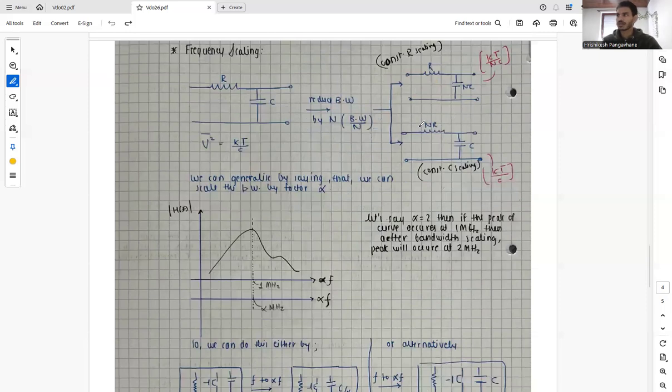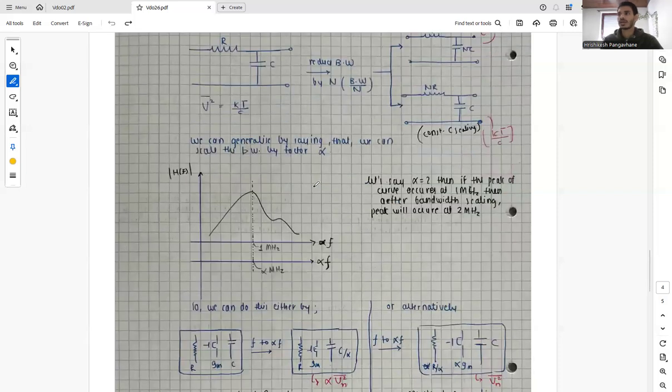Or the other option is we can scale the resistor by the factor of n, and we will get kT by C, as the variance is independent of the resistor. This is called constant C scaling, and we can generalize this by saying that we can scale the bandwidth by the factor of alpha. So let's see how it is done.